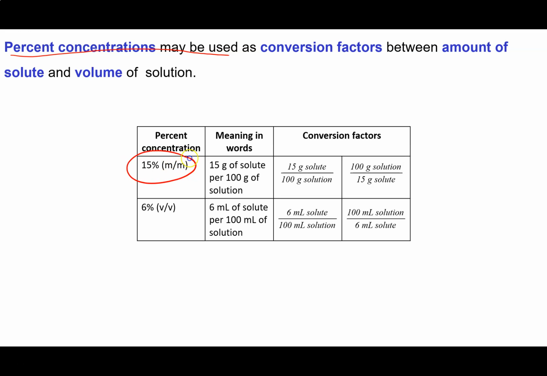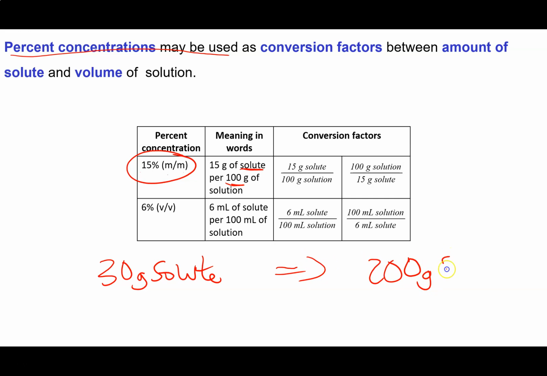So if a nurse or a doctor was to see something labeled as 15% mass on mass, one way that they might interpret that is that it contains 15 grams of the solute for every 100 grams of solution. So if I want to give somebody 30 grams of solute, whatever that might be, I immediately know that I'm going to need to give them 200 grams of solution. So that's kind of why those guys like these types of things.